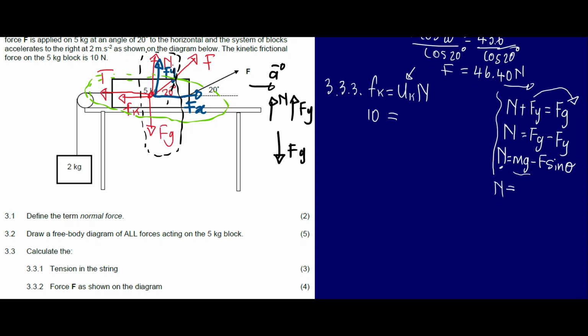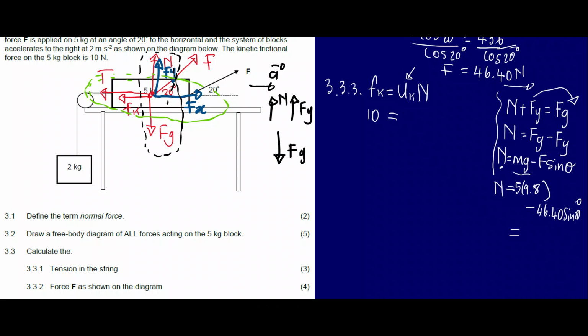I hope you remember this idea, and if you've been following, you would be able to apply it. So we have the mass here, the 5 kg block, times 9.8, and then we subtract F sine theta, and I think the F value was 46.40, sine 20.